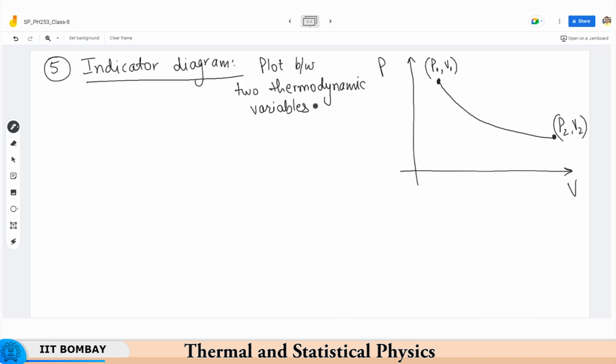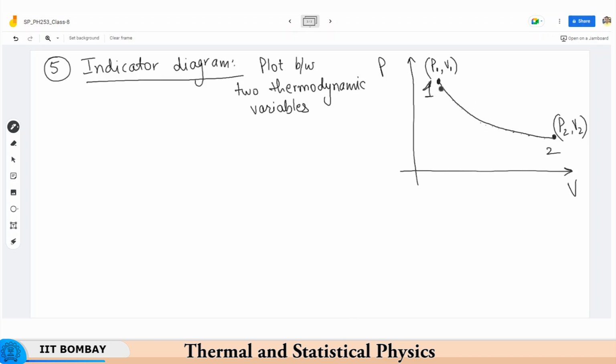And a few more important things regarding this. There is a thermodynamic process which takes you from state 1 to state 2. I very conveniently joined these two points with a solid line, but it has far reaching consequences in thermodynamics. When I draw a solid line, that means all the states intermediate between 1 and 2 are also in equilibrium.